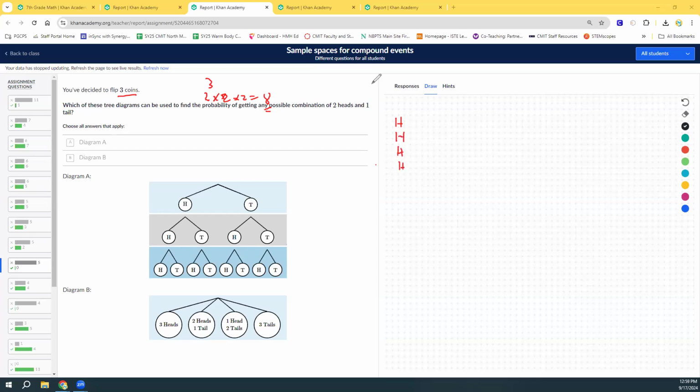I know that because of the counting principle, which I'm going to do in just a minute. So the way that I set it up, so it's nice and organized and includes all the possibilities, is I start out with 4 H's and 4 T's. And then I alternate every 2. And then I alternate every time.